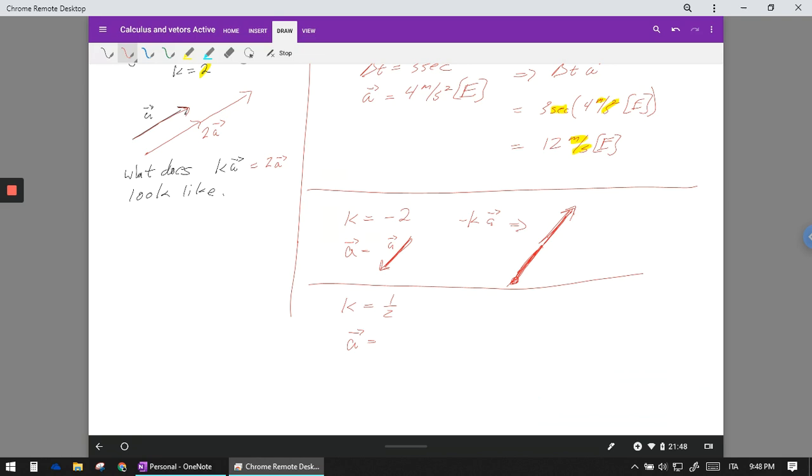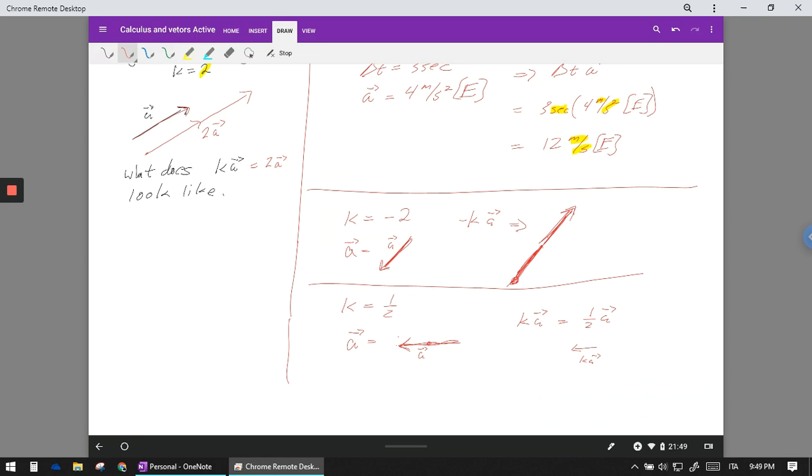So let's say I've got another k and I've got the vector A, which let's say is like this, maybe. Then Ka in this case is just half of A, which would be this vector, but exactly half. So it would be a little bit shorter. So this would be Ka, and this over here would be A, because K is half.